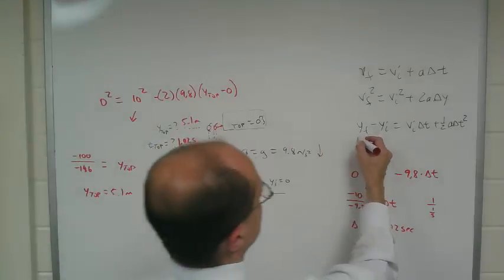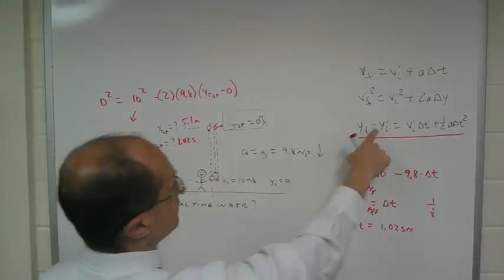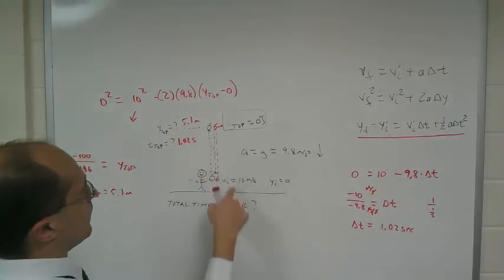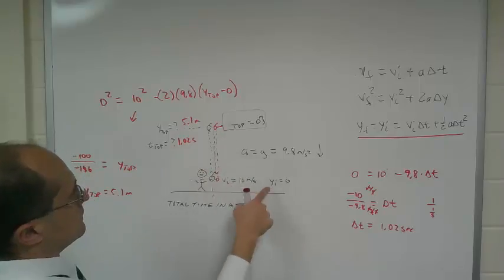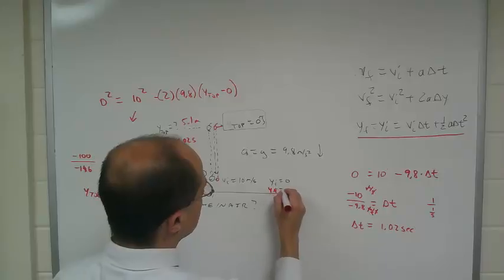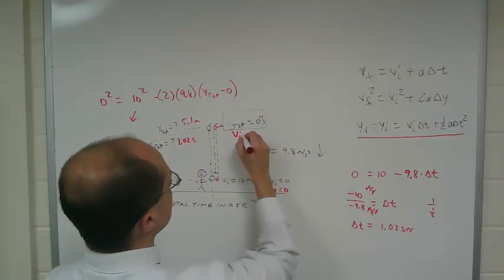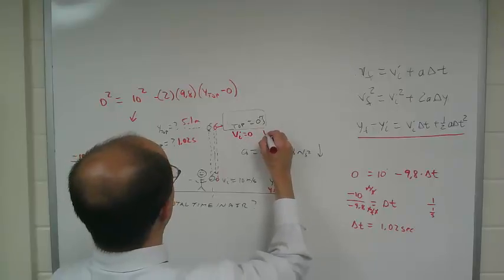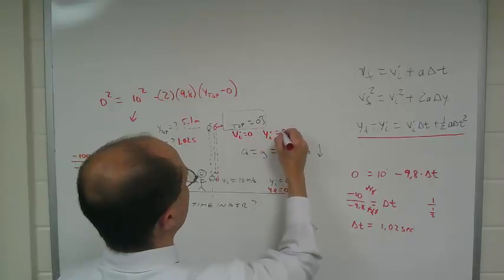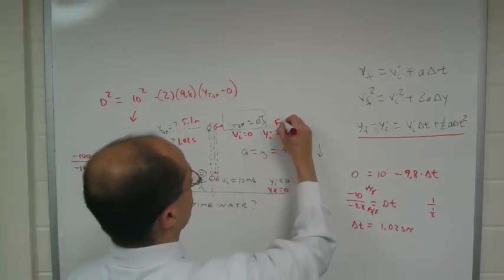And we can use this equation to get our time, because we know that this is y final minus y initial. So y final is in this case 0. When we're dropping down now, we reverse this. That's if we're going to do the free fall back down, the second part.